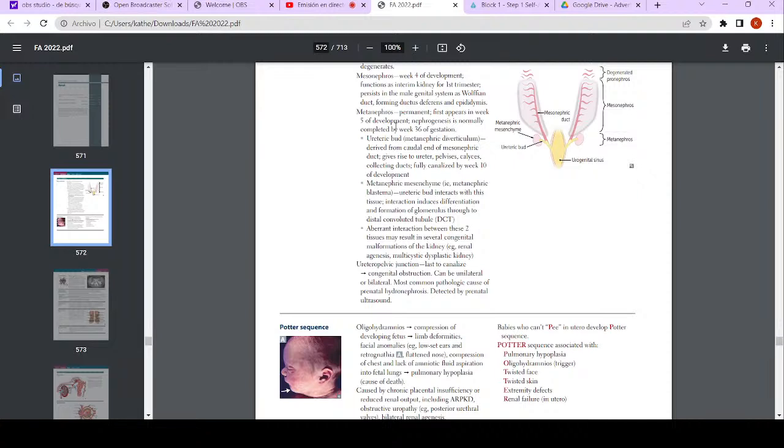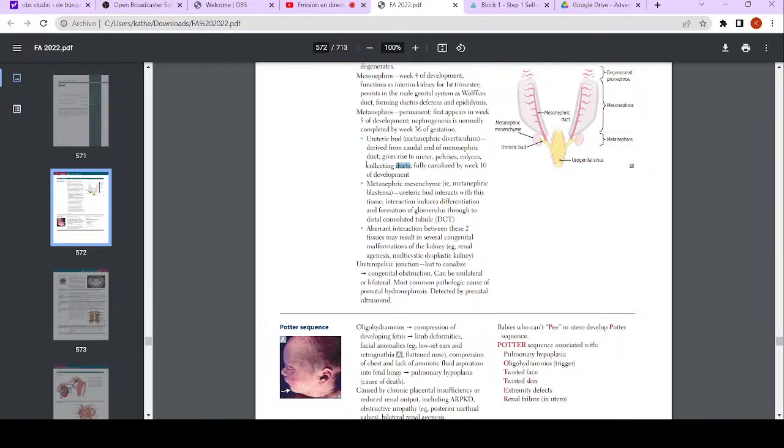What is pretty important is that the ureteric bud and the metanephric mesenchyme develop so that one induces the other, and this interaction is heavily tested. From the bud you will have the calyces, the ureter, the pelvis, the collecting ducts, and it's fully canalized by week 10.